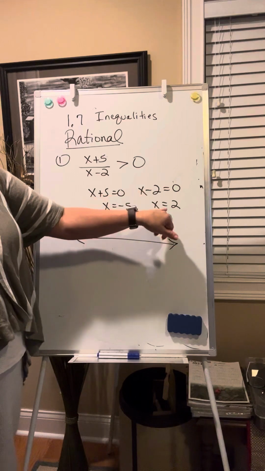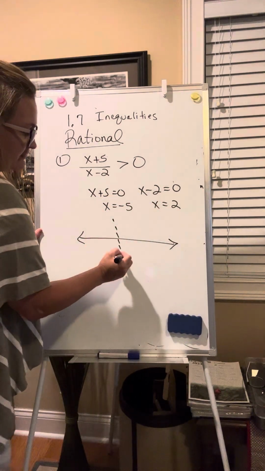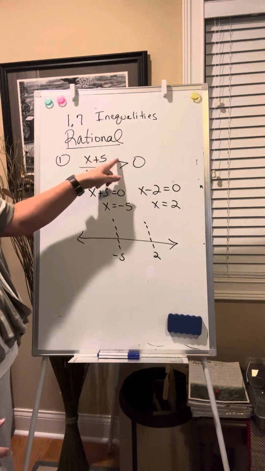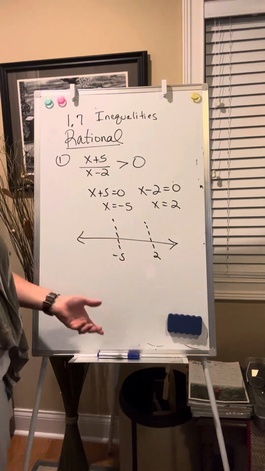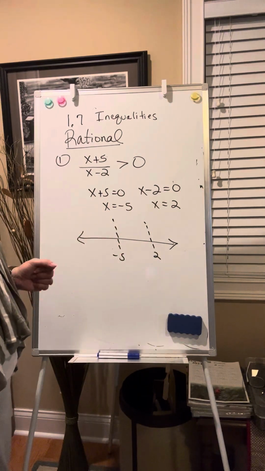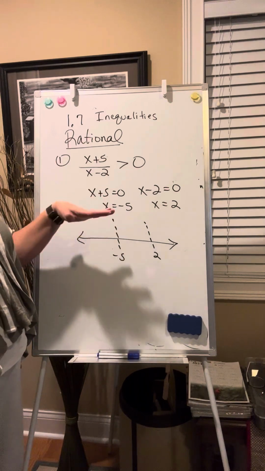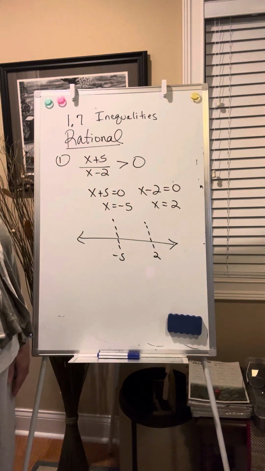And this one's the boundary because it's where it's undefined. But they're both boundaries or breaks in the graph. If we graph this, which if you wanted to do y equals this, you would see the graph is broken. There's something critical happening at -5 and 2. And we're just asking which part of the graph, if we were to graph it, is greater than 0, or the part above the graph.